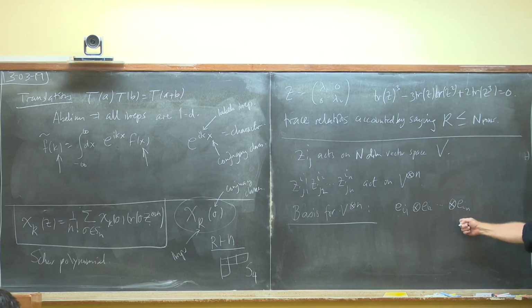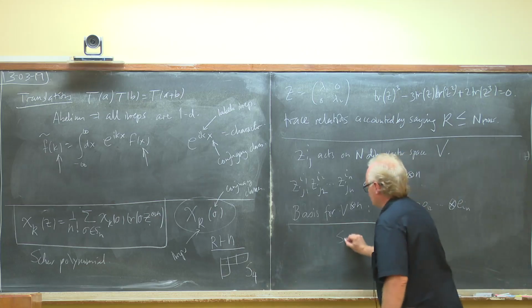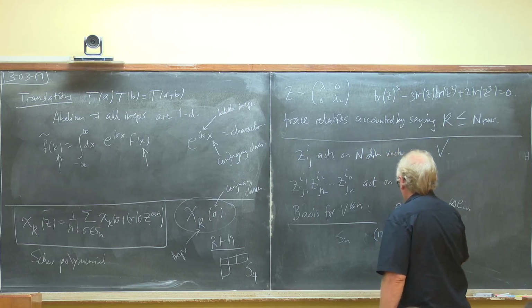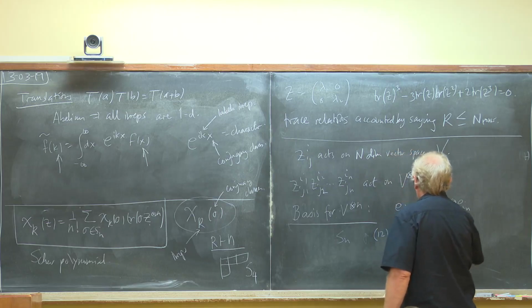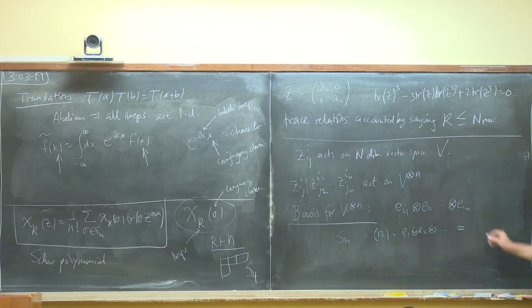Now I want to define two actions on this. The first action I've got is S_n. So what will S_n do? For example, let's imagine that we take (1 2) and apply it to this basis vector. All it will do is swap the first entry and the second.